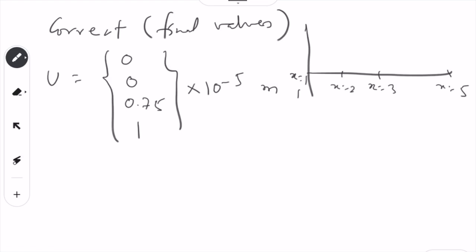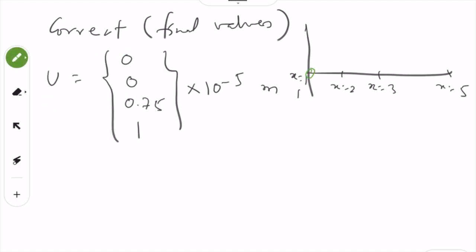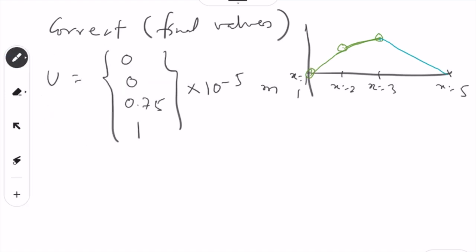The values go from 0 to 0.75 to 1, and this will go like this, and then from there to the end, it will go as a straight line like this. So this is what the u will look like. And then we have to find out the stresses.